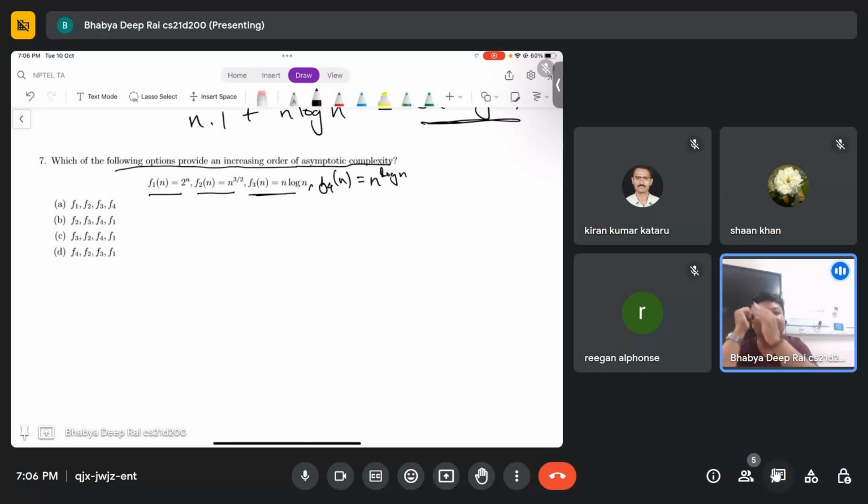Which is the correct sequence in which the complexity increases?